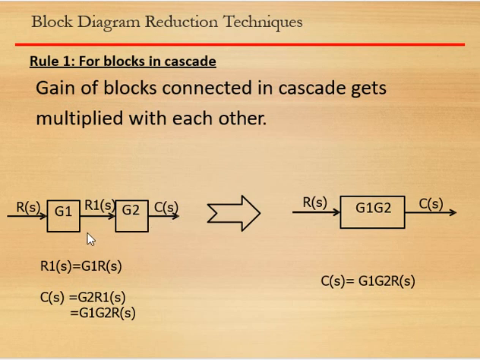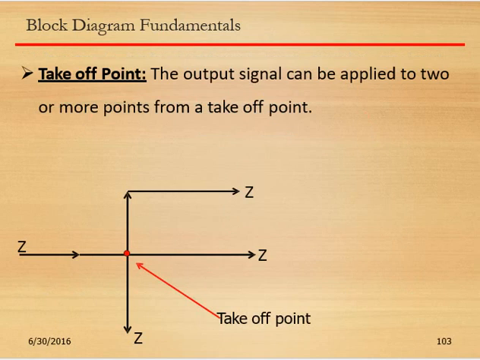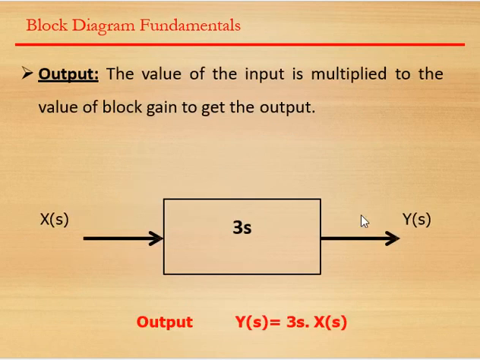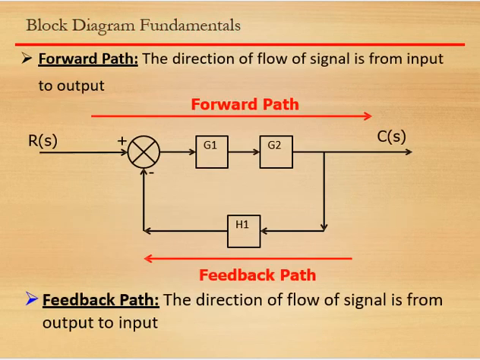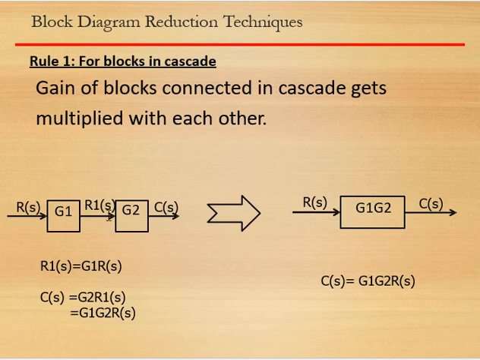Let us calculate R1(s). R1(s) is nothing but R(s) into G1. This we have already seen, that Y(s) is always gain into the input, so Y(s) is equal to G(s) into X(s). By this rule we can say that R1(s), the output of the first block, is the multiplication of the input and the gain, that is G1 into R(s).